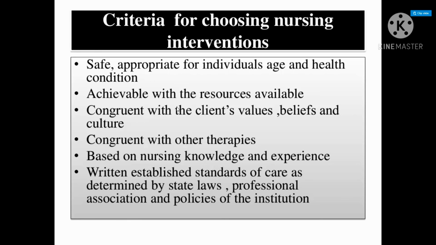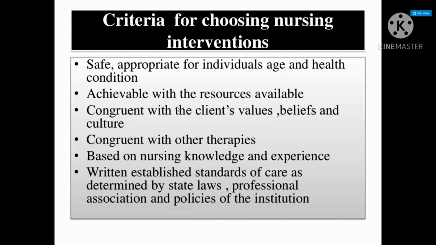So these are the different criteria for choosing the nursing interventions. It should be achievable with the resources available. What are the resources available? Among that only you're supposed to provide the care. Then, congruent with other therapies.